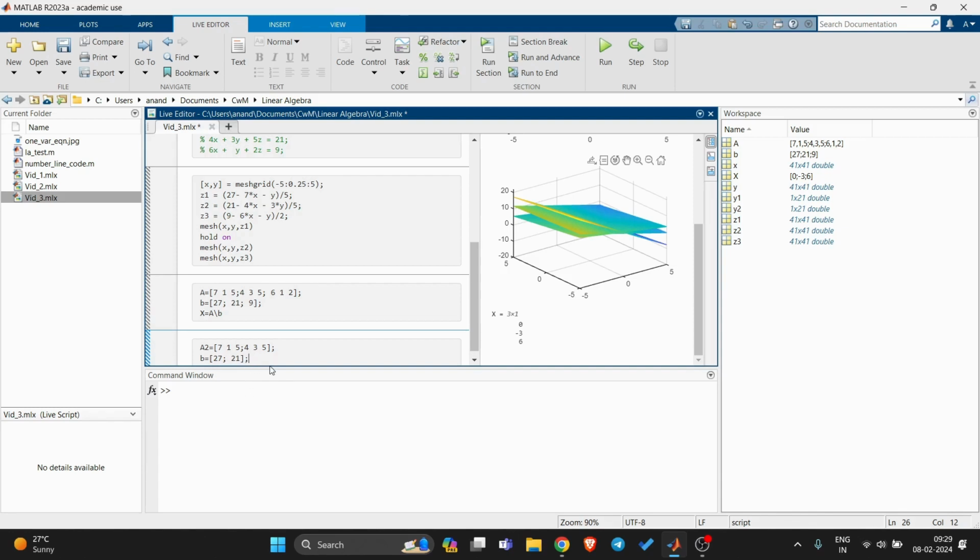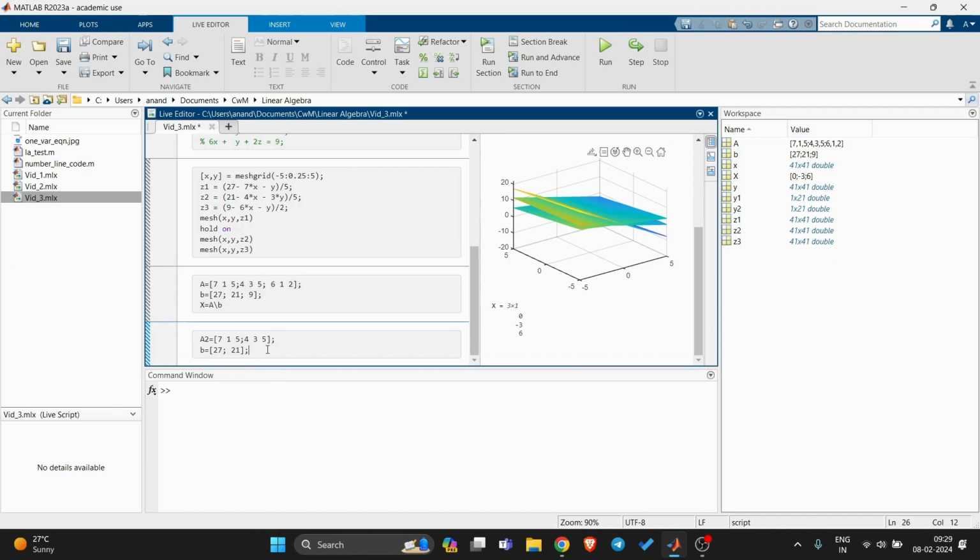So an underdetermined system has fewer equations than unknowns. The coefficient matrix A has a smaller number of rows than columns. Now, underdetermined equations generally have an infinite number of solutions.